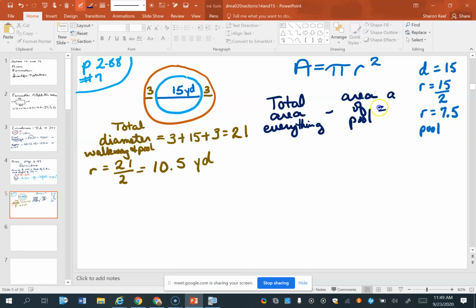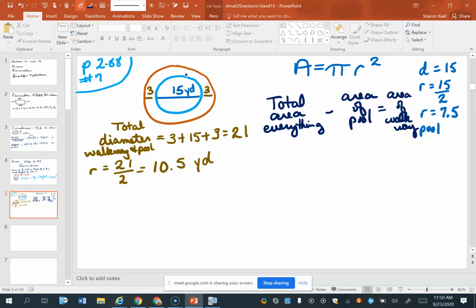That will leave us with the area of the walkway. Does that make sense? We're going to calculate the area of absolutely everything inside that outer circle. We're then going to subtract and cut out, it's kind of like a donut. We're going to cut out the pool, like the donut hole. We subtract the pool's area, and then that leaves us with just the area of the walkway around.